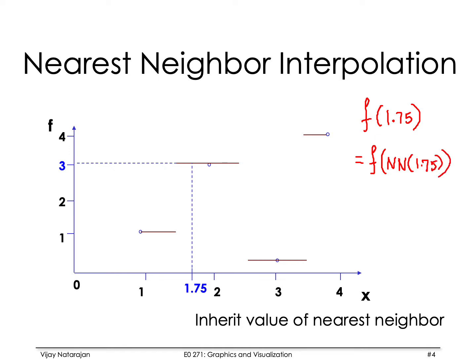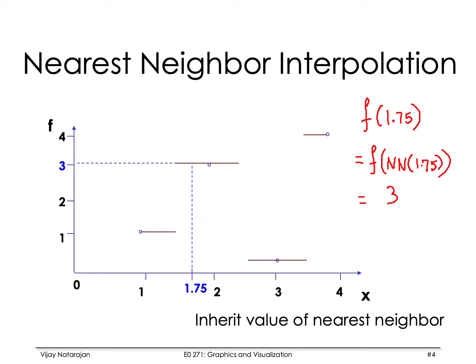As simple as that. We know that the nearest neighbor of 1.75 is 2, and the value of f at 2 is 3. Which essentially means that f at 1.75 is 3.